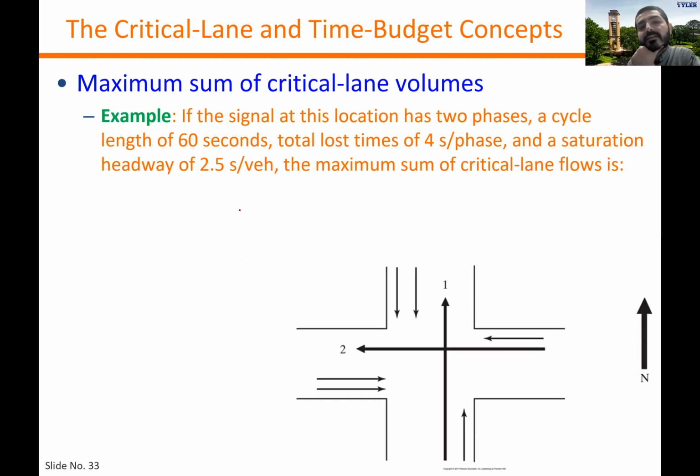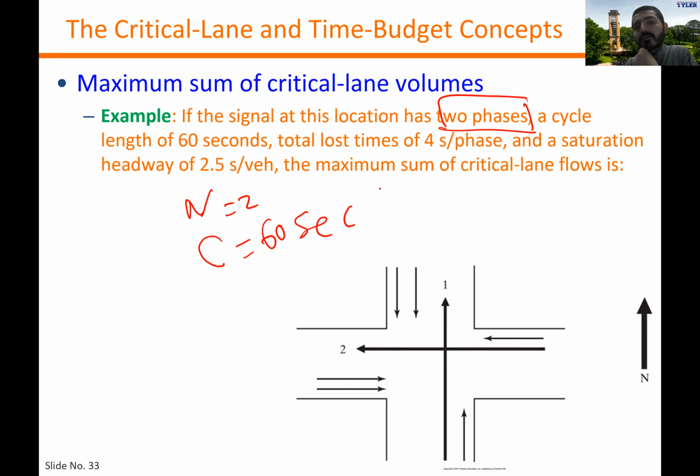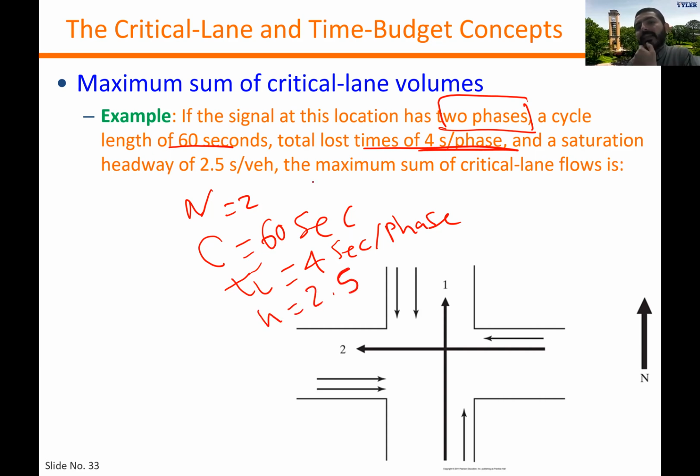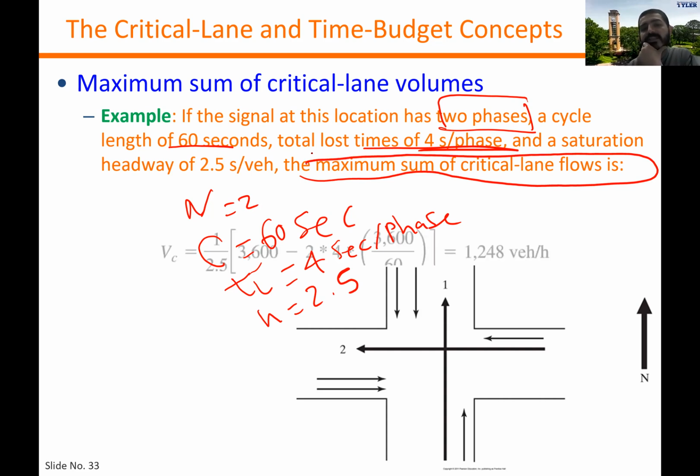If the signal at this location has 2 phases, so N is 2, a cycle length, capital C, is 60 seconds, the total lost time, TL, is 4 seconds per phase, and the saturation headway, H, is 2.5 seconds, how can we get the maximum sum of critical lane flow? The equation is simple.